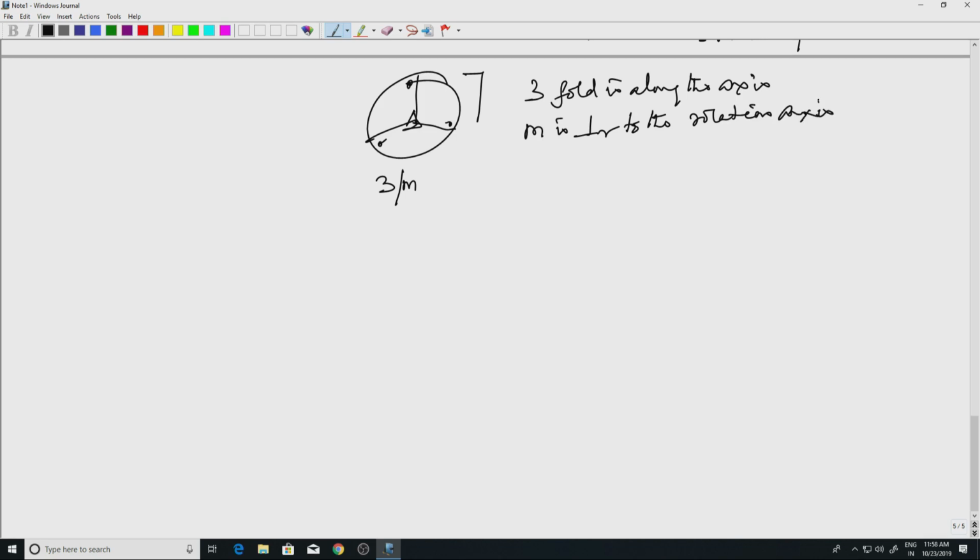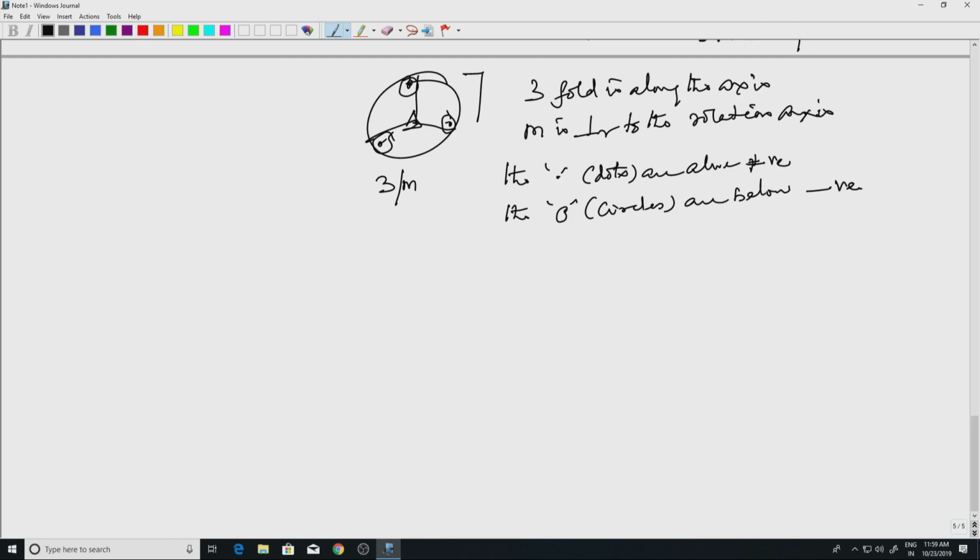So that means a mirror is getting generated here. This is what is happening. The dots are above, positive, circles are below, negative.